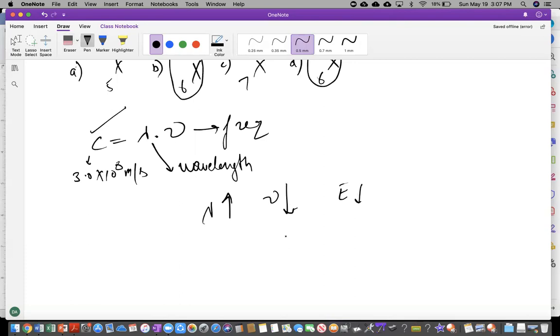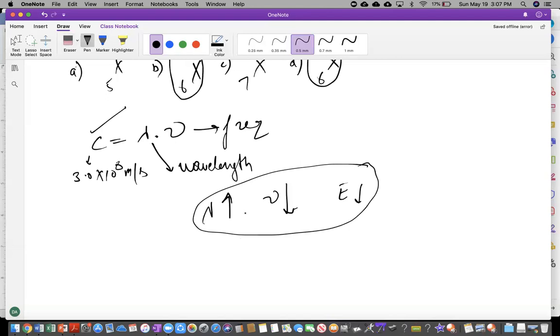Does that make sense, guys? Like you were saying, lambda goes up and the frequency goes down? Right, that could just be a conceptual question. If wavelength goes up, what happens to frequency?